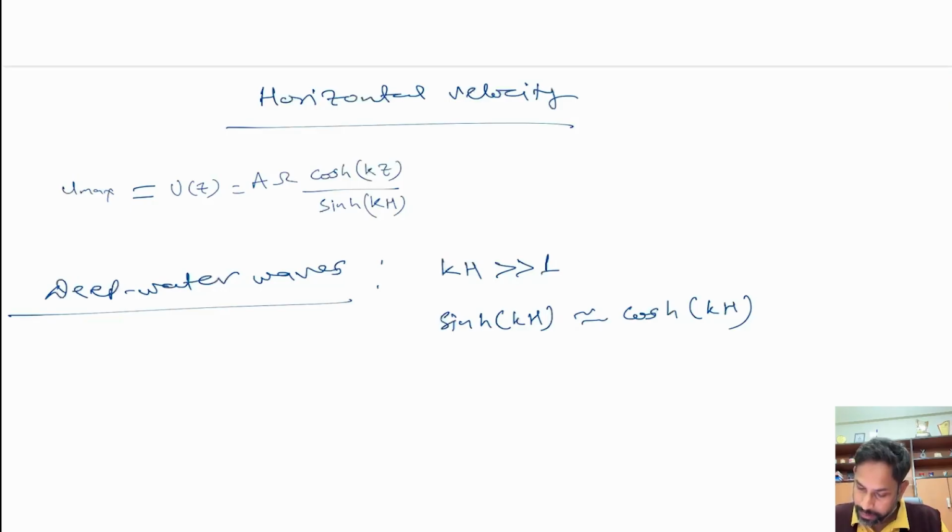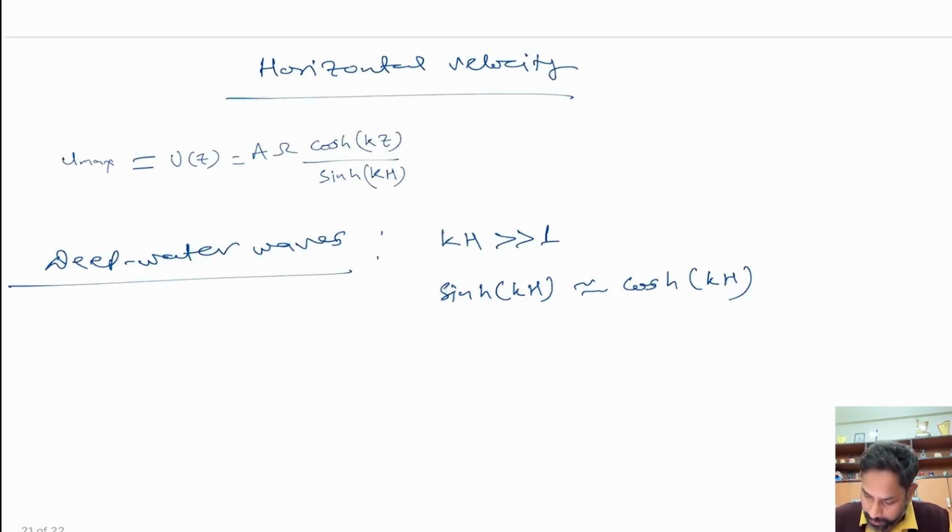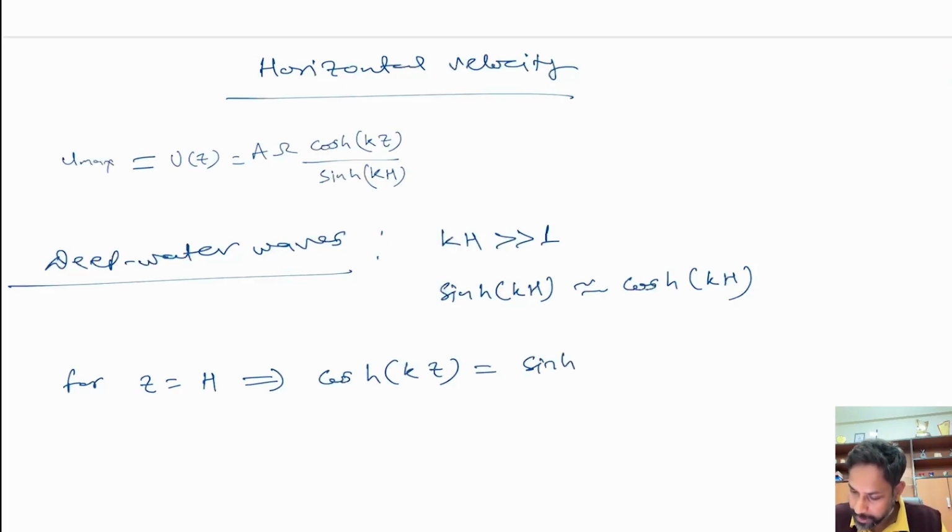that actually means that for Z equal to H, cos hyperbolic of KZ will be equal to sine hyperbolic of KH, right? Or in other words, let's do it in two steps.